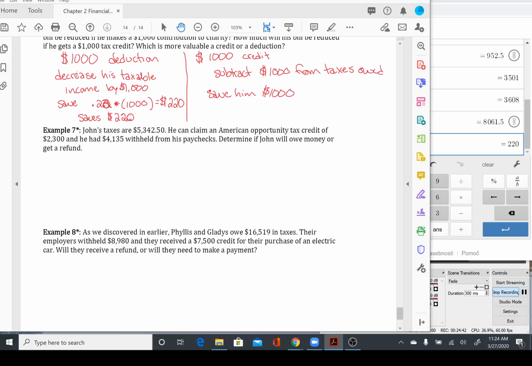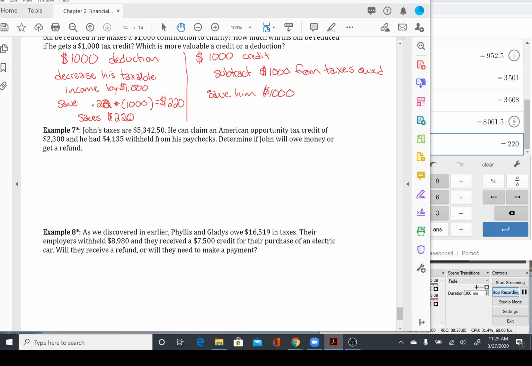John's taxes are $5,300. He can claim an American Opportunity Tax Credit of $2,300, and he's had $4,135 withheld from his paycheck.